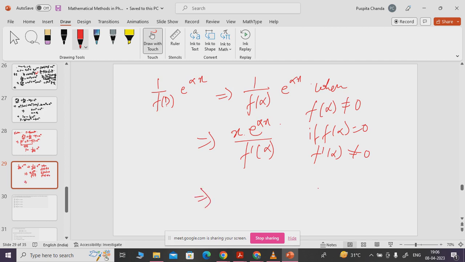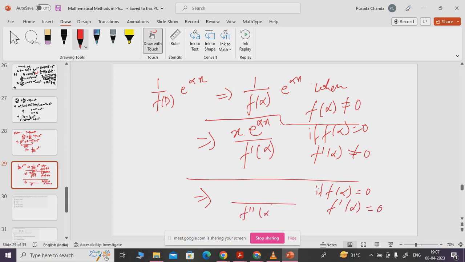If f of alpha and f dash alpha both are 0, then we need to introduce f double dash alpha, and the result would be x square e to the power alpha x.